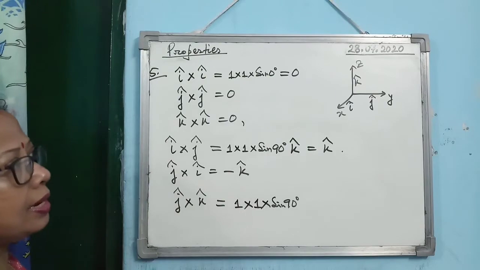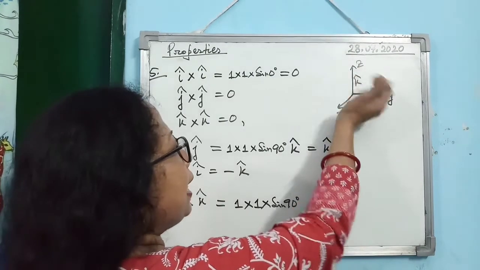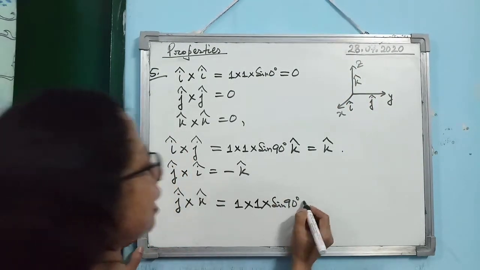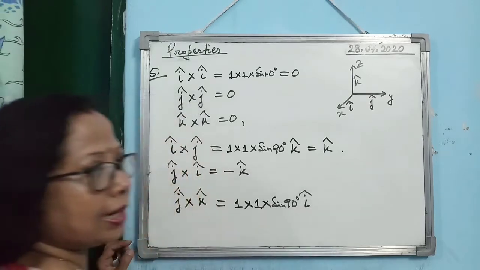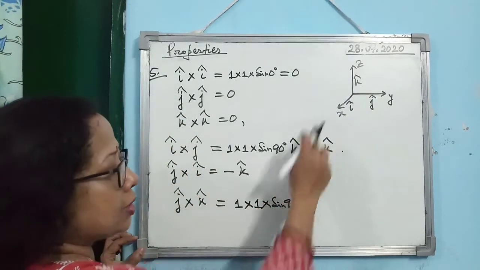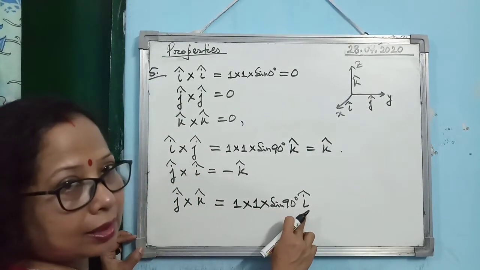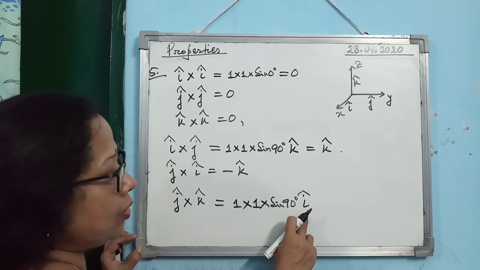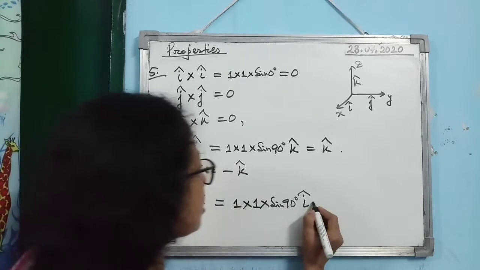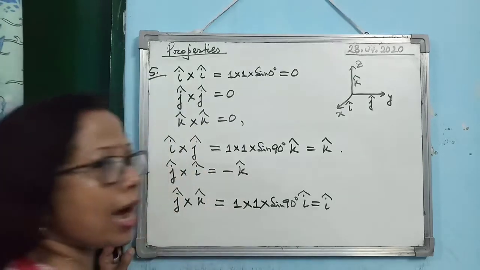Now when you are taking j cross k, the unit vector is along the x-axis. So it will be none other than the unit vector i. So j cross k is equal to i.